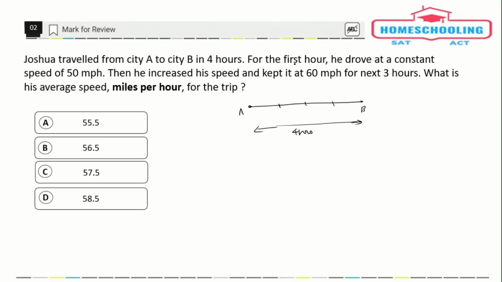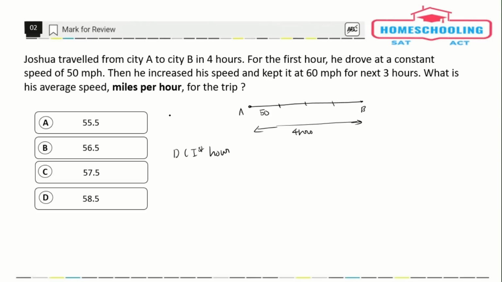For the first hour, he drove at a constant speed of 50 miles per hour. Then for the next 3 hours he drove at 60 miles per hour. So now let's find the distance. First, the distance for the first hour.